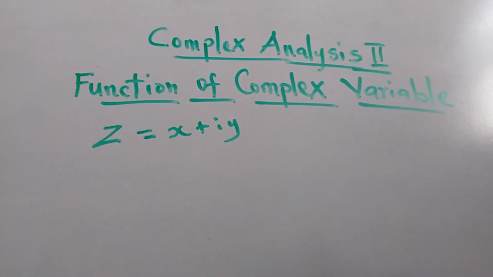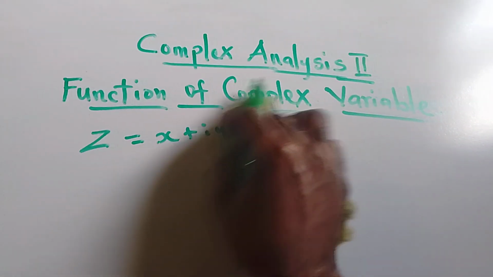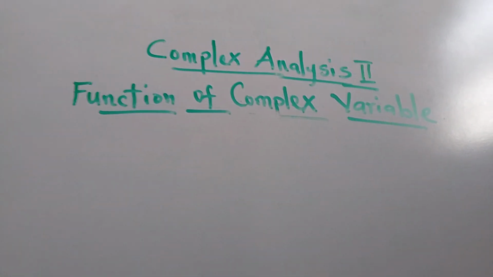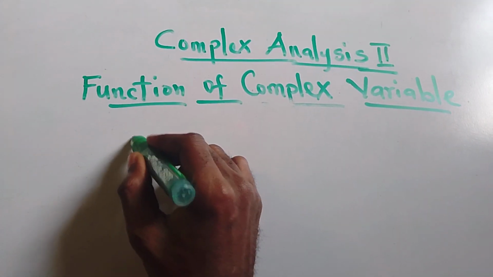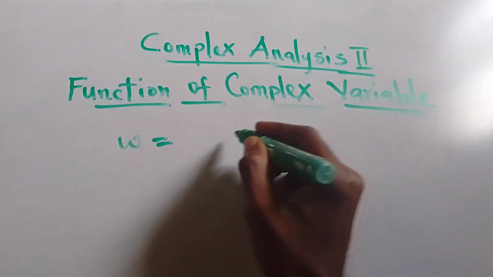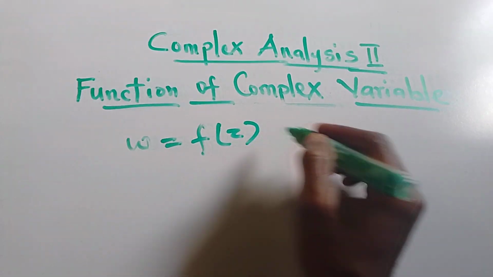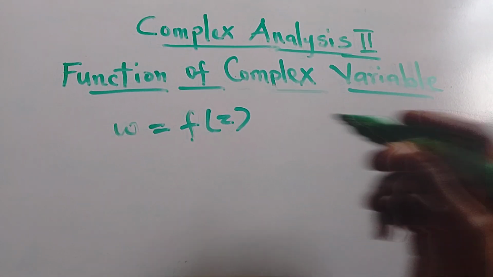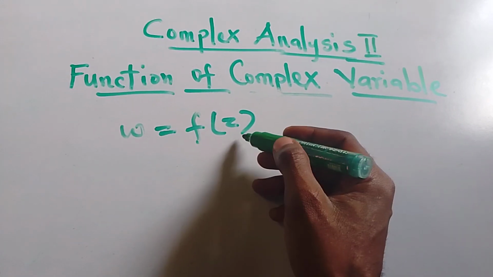Okay, so our concern here is function of complex variable. So let's say that w is equal to f of z. If w is equal to f of z, this is a function. W is a function of f of z.